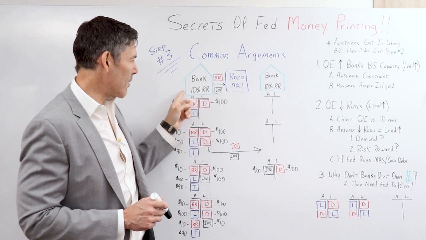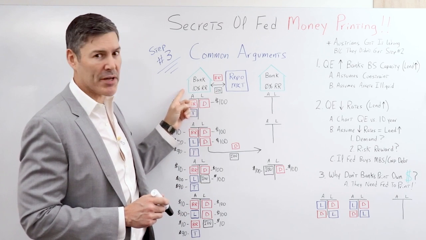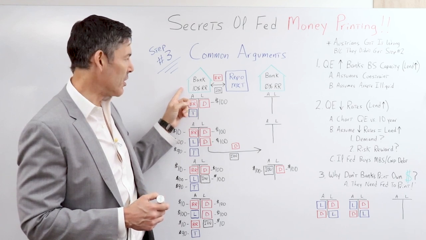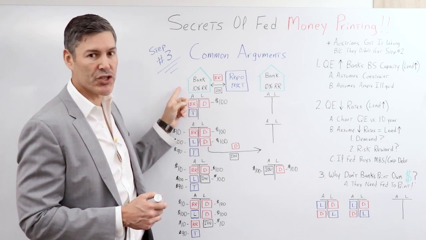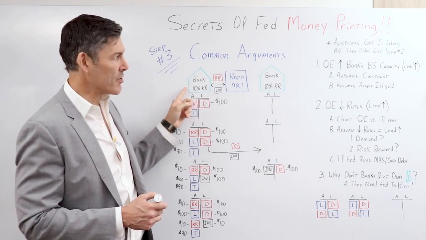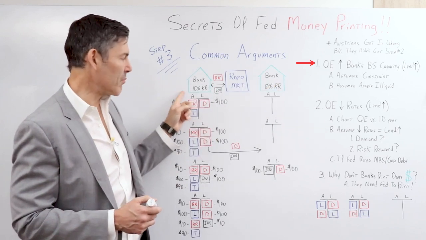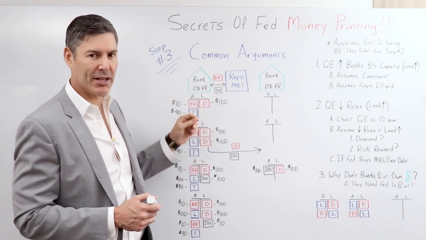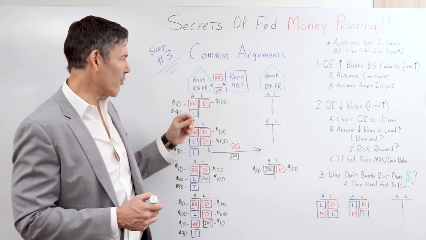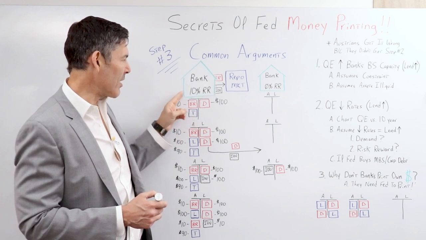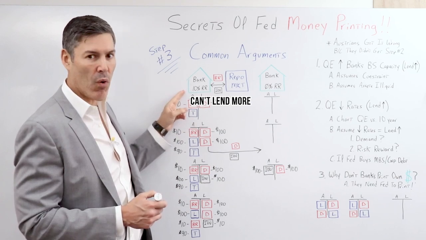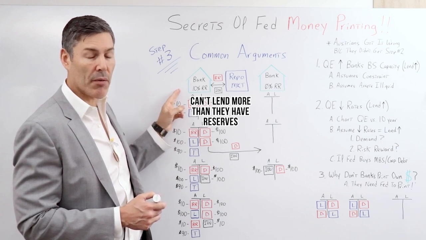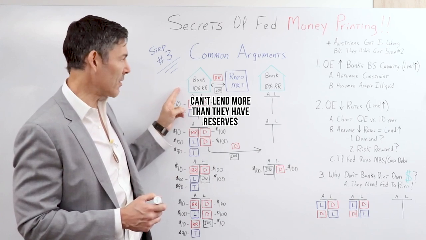Here is a bank in, let's say, the domestic United States, and let's go back prior to March of 2020, when they had a 10% reserve requirement. All these people would say, yeah, with this 10% reserve requirement, the Fed micromanages the amount of lending, and therefore the amount of dollars in the real economy, because the banks can't lend more than they have reserves to back those loans, or those deposits, to be more specific.